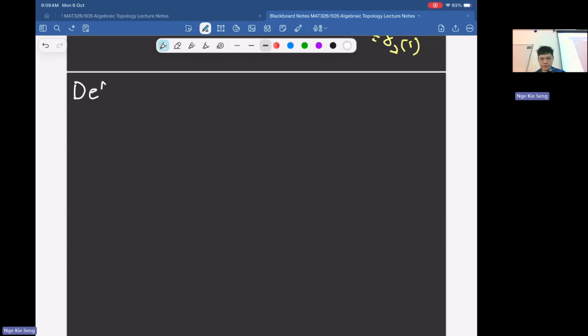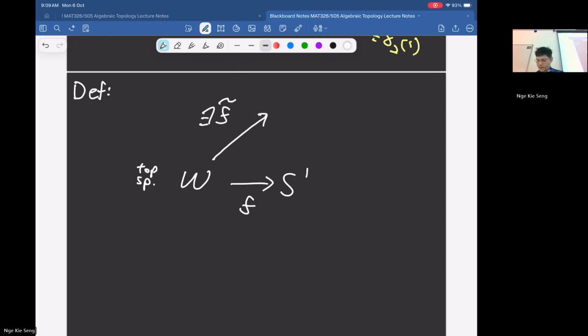Let's recall what we had last time. We have S1. Let's say there's a continuous map from a topological space, called F, and we said there's a lift of this map to R, if this lift commutes with the map P. What does this P map do?